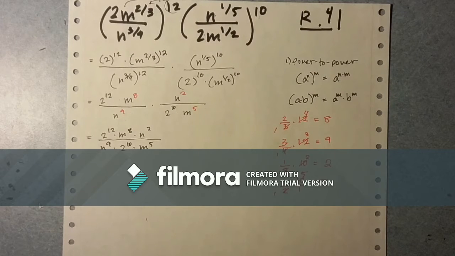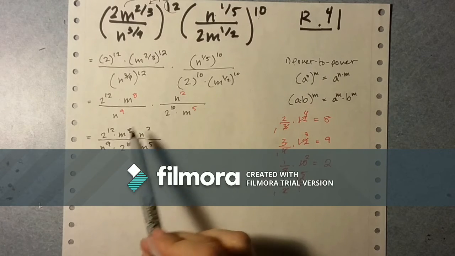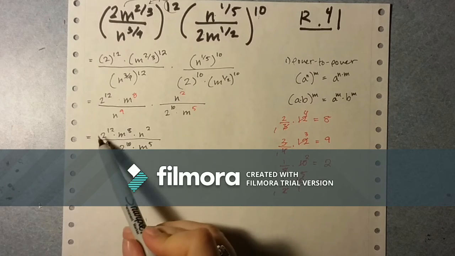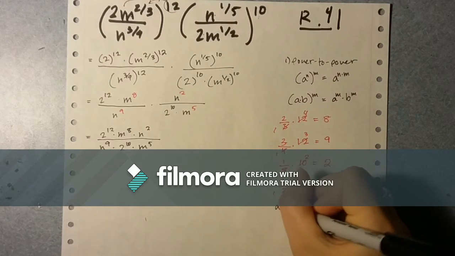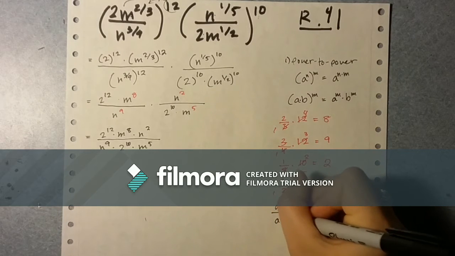Now I'm trying to think in my mind what rules of exponents I can use. Now I see we have a fraction and a bunch of bases. Here we have a base m, base n, base 2, base 2. In my mind, I'm thinking of maybe using the quotient rule, a to the n over a to the m.